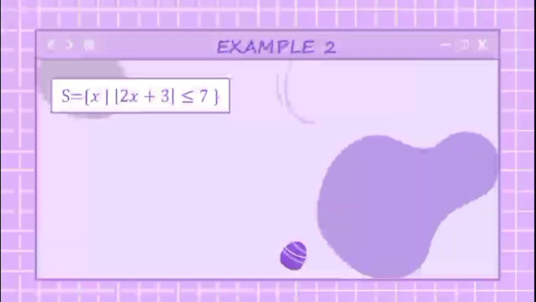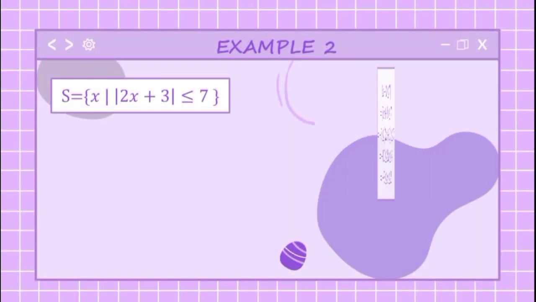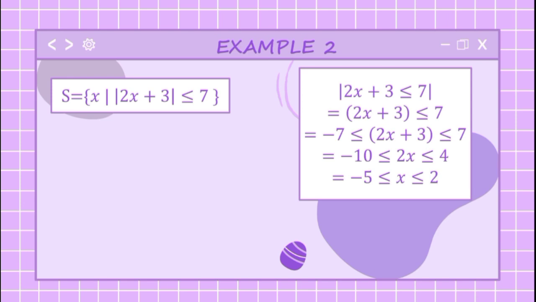For the second example, S is defined like this. If we do some simple algebraic manipulation, we will get that x is greater than or equal to -5 and x is less than or equal to 2. This is how it looks if you transfer it on the real number line.